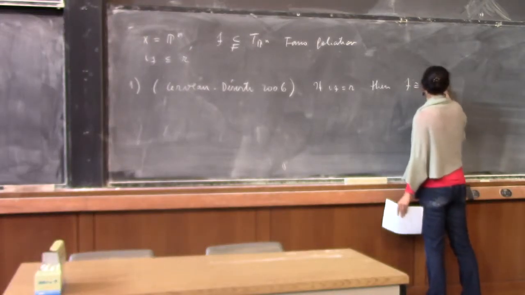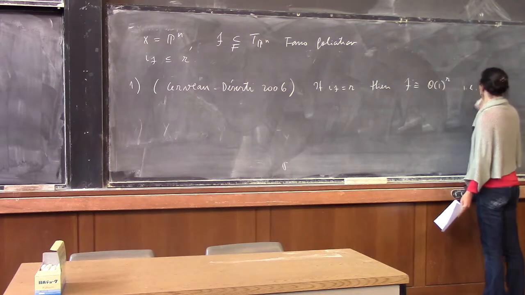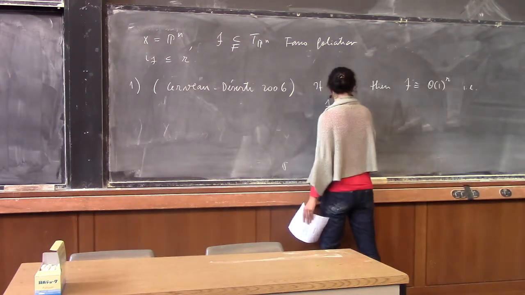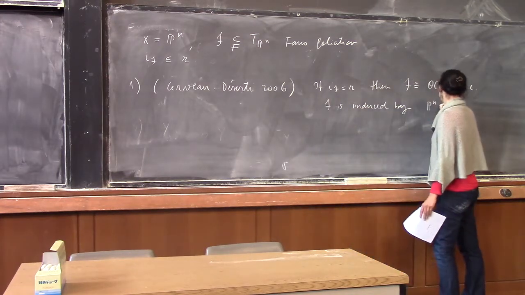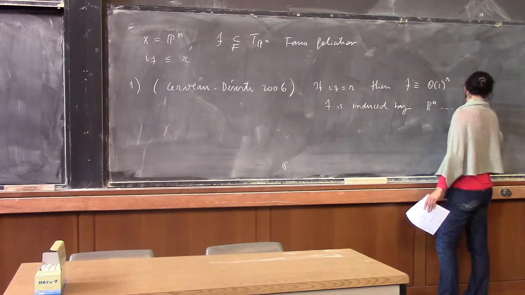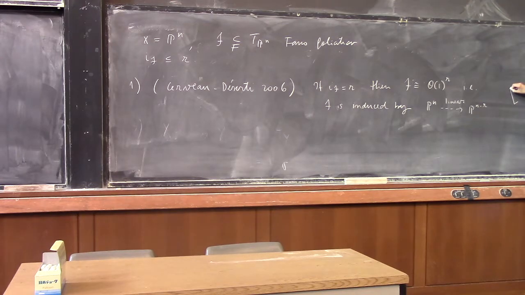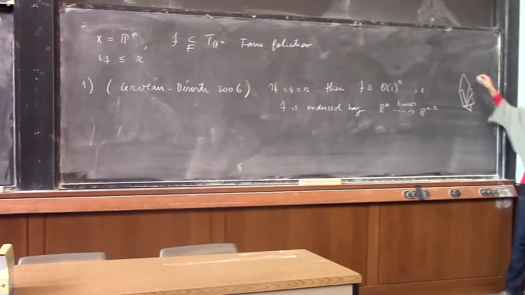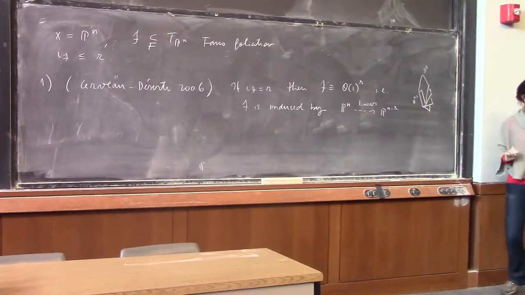So this F must be O(1) to the power r, that means that F is induced by a linear projection from Pn to Pn minus r. So that means that you have to fix an r minus 1 dimensional linear subspace, and you're looking at all linear subspaces of dimension r that contain this fixed P^(r-1). So this is the foliation we are talking about.